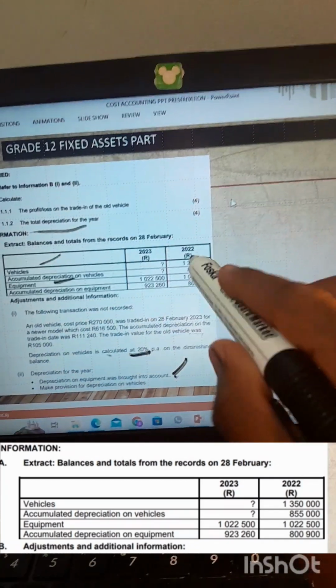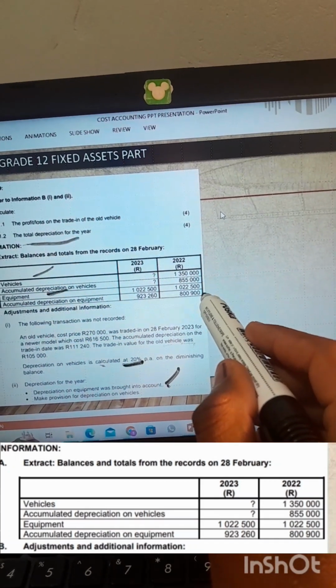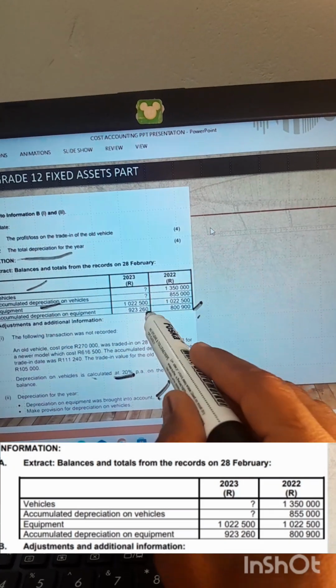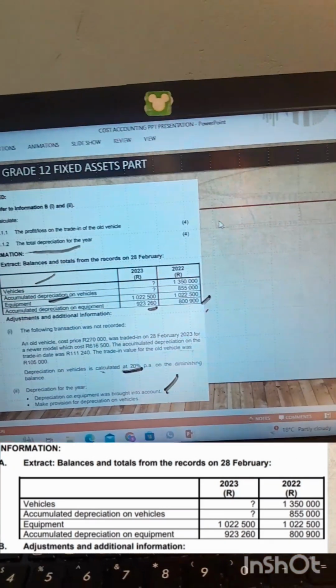But let's come here to our table. They gave us accumulated depreciation on equipment, the balance at beginning and also the balance at end.